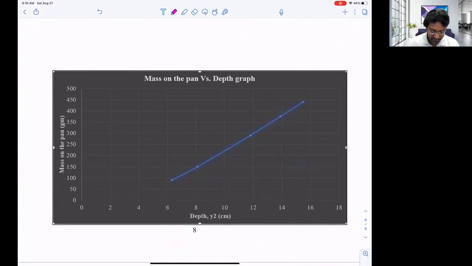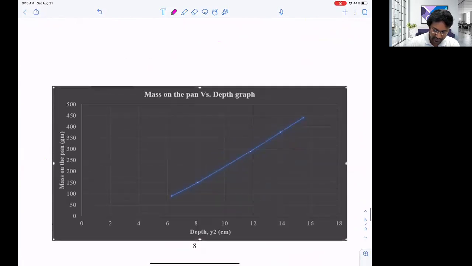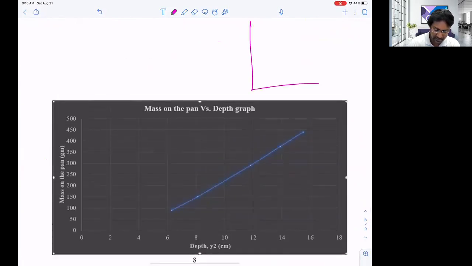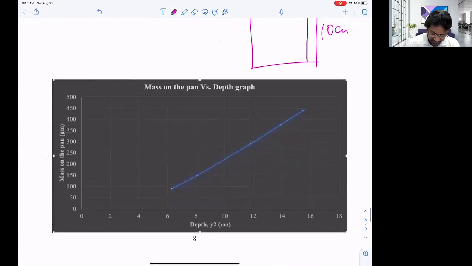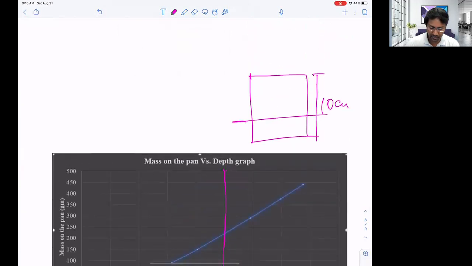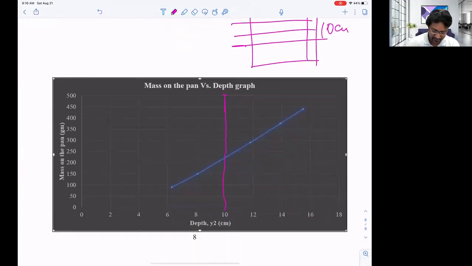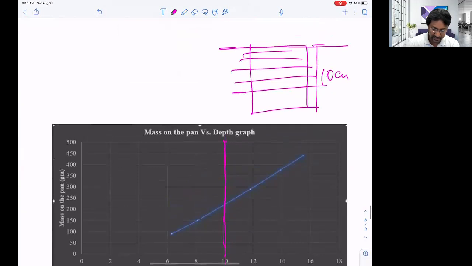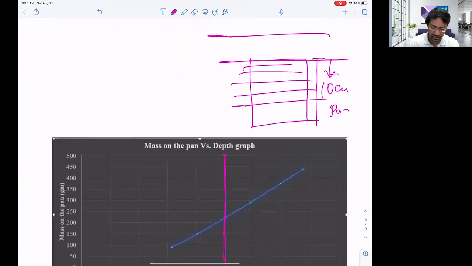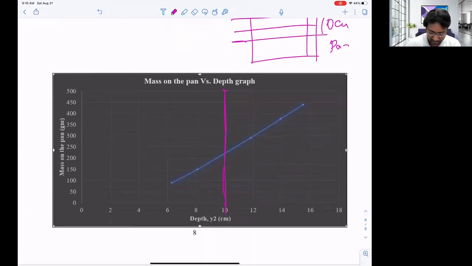The limit for this experiment is we know the height, that is the section, 10, we measured that one. This line is the demarcation line for 10. When water is here, that is the red line we have. Less than this 10, it is partially submerged, and when water is more than this, it is fully submerged. So all these points located on the right side are fully submerged condition.